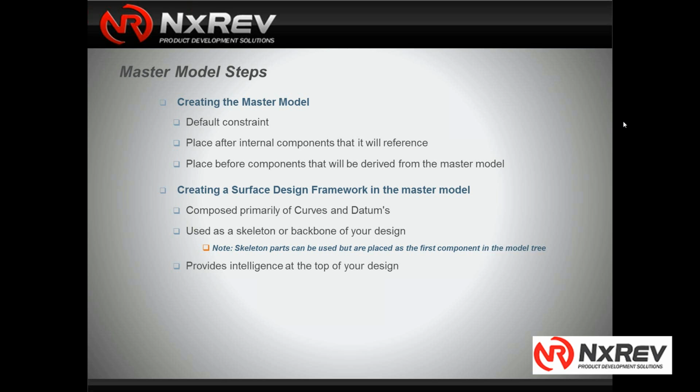So you just have to be careful with whatever technique you use. The assembly that I'll be using happens to have both a skeleton and a master model in it, so you'll see the structure and how that's done. So basically, you're placing the intelligence at the top of your model tree and your design, and pushing those changes down into the structure.